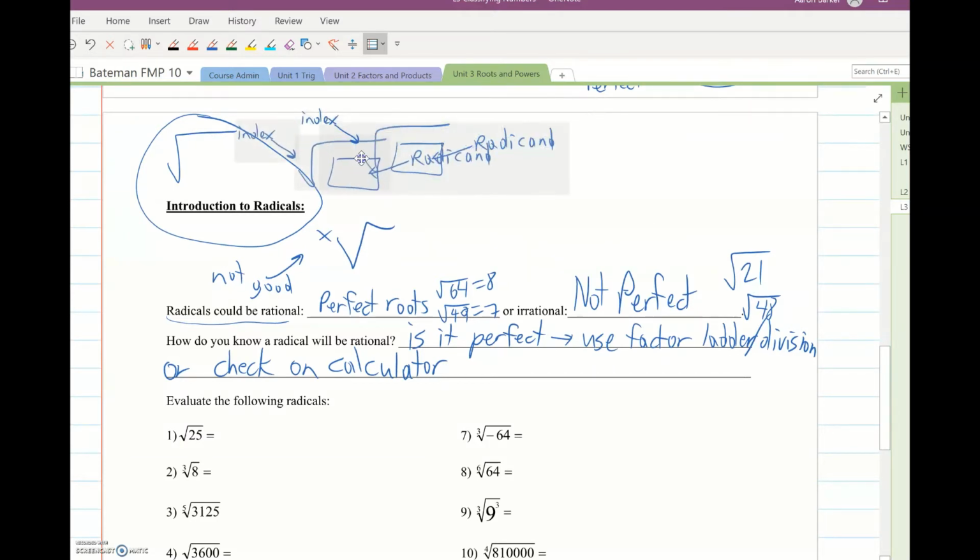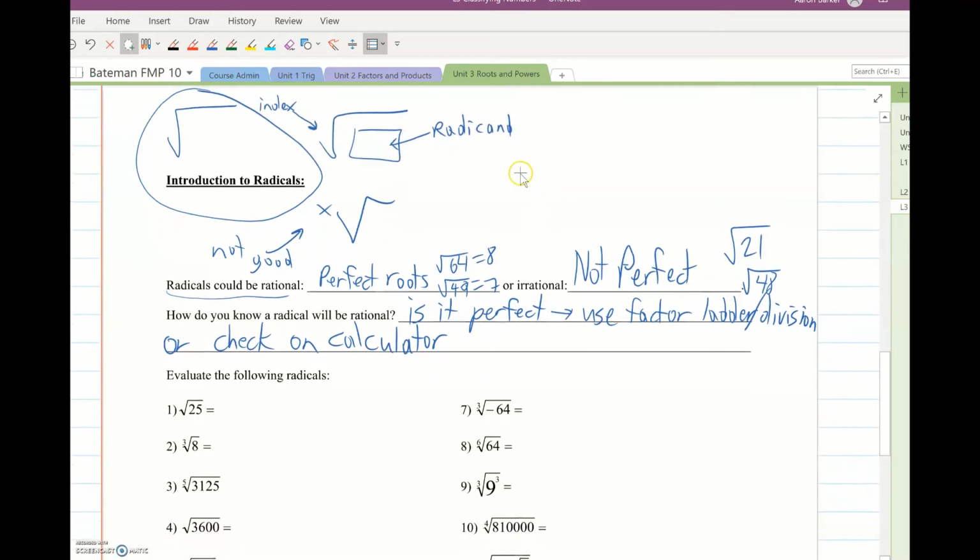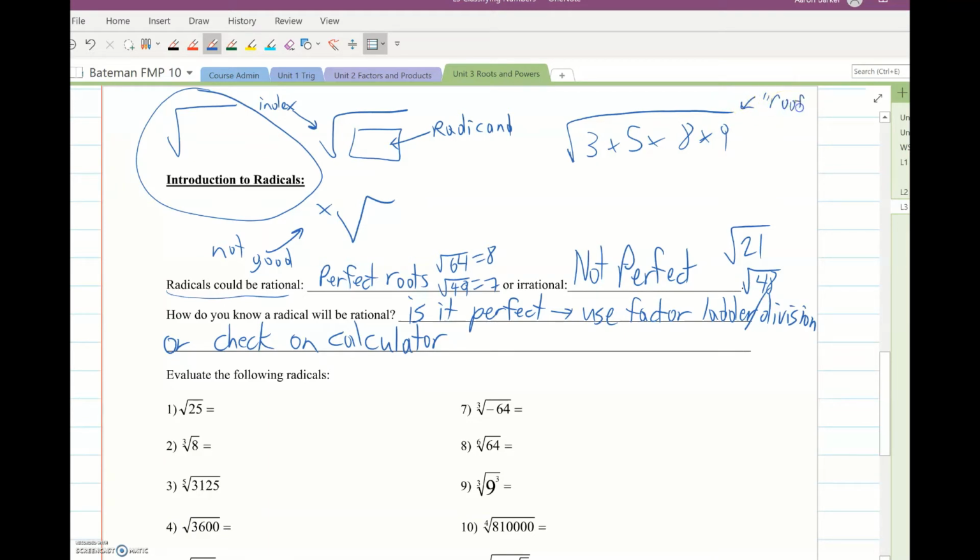First of all, what you've got to be careful of when you're writing radicals is that the roof, 3 times 5 times 8, the root times 9, the roof, I'll use that in quotation marks, must cover the entire radicand.